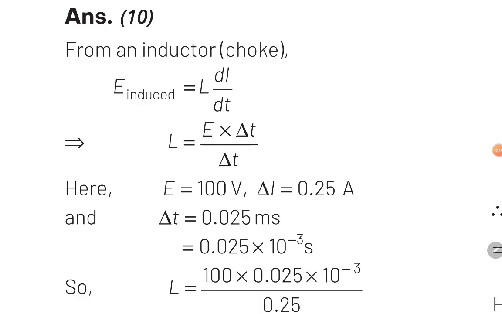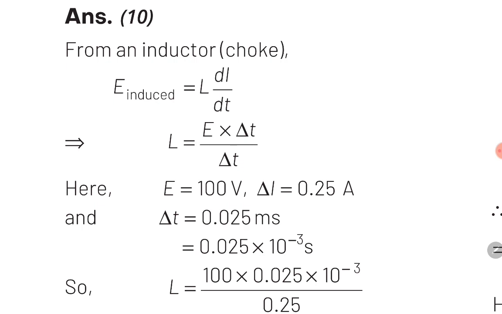Yes, students, you can see here that potential drop across an inductor is given by the equation E is equal to L di by dt. Guys, on rearranging this equation, we'll obtain the value of self-inductance L as equal to E into delta t divided by delta I. Guys, in this equation, E is the reverse voltage, which is 100 volts.